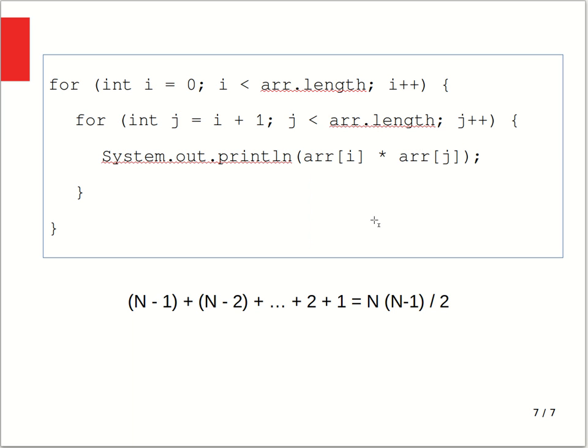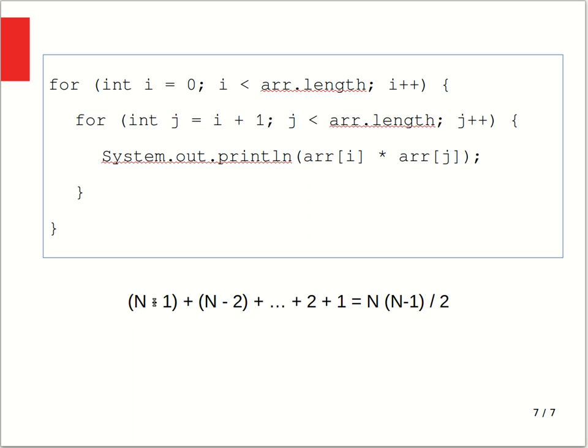So what's going to be the total amount of work? For the first iteration of the outer loop, how many units of work are going to be performed for the inner loop? When i equals 0, j goes from 1 to the end of the array. So if the length of the array is n, then for the first iteration of the outer loop, the inner loop involves n minus 1 iterations.